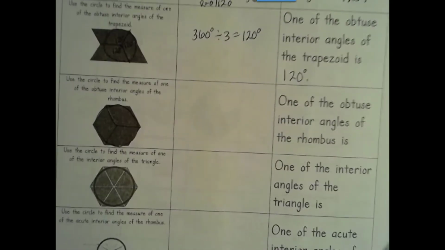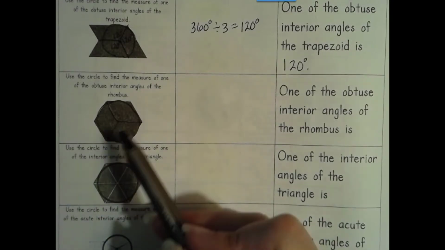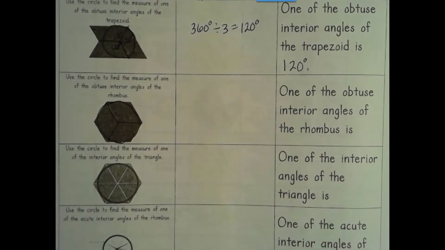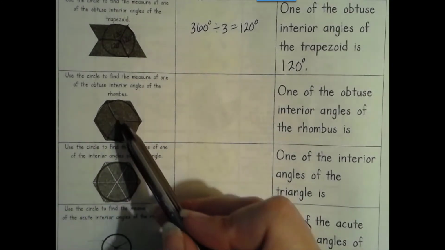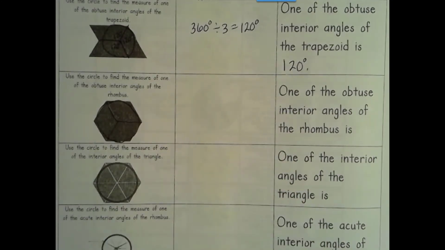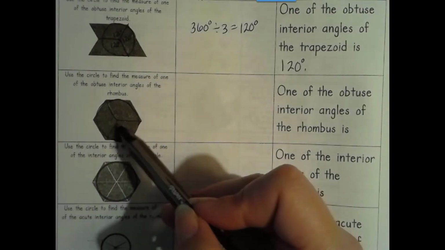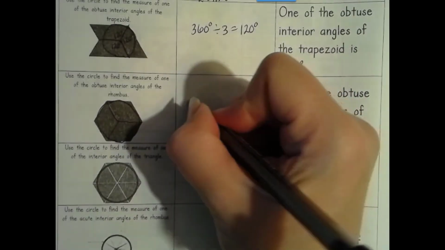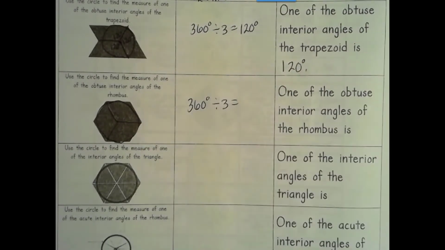Okay, here we're looking at a rhombus. 3 together, we call them rhombi. Set that circle on top with the 3 obtuse angles together, because remember obtuse is greater than 90 degrees. We put those 3 large angles together, so we're dividing it into thirds again. Do you see a pattern here?